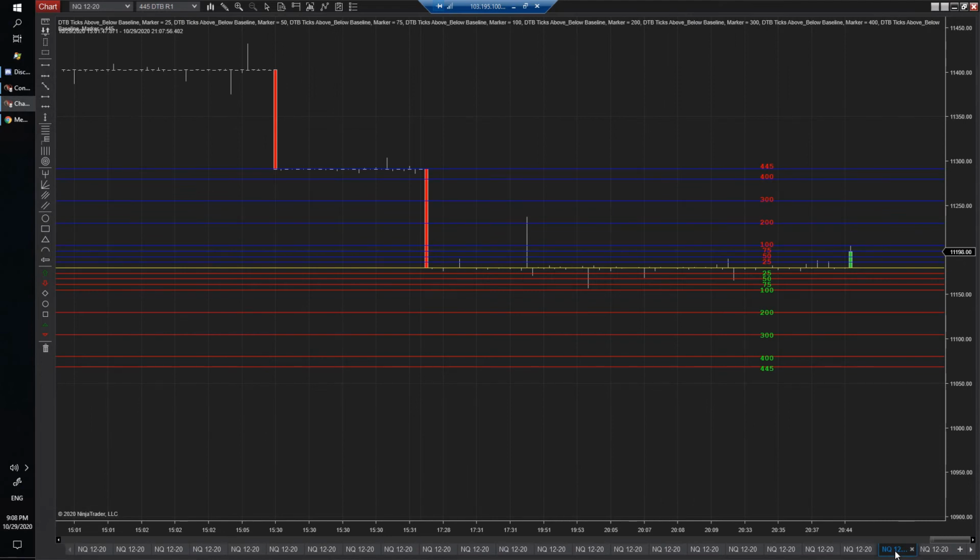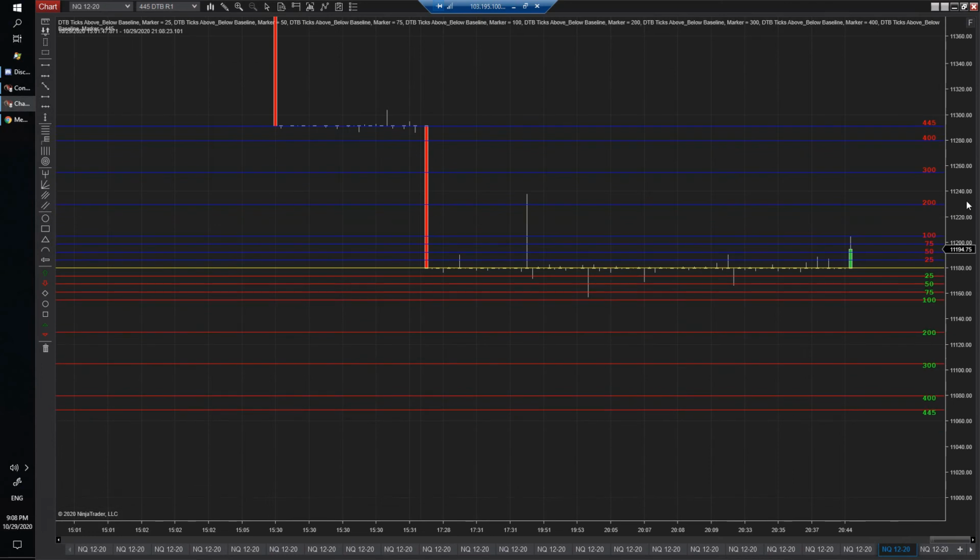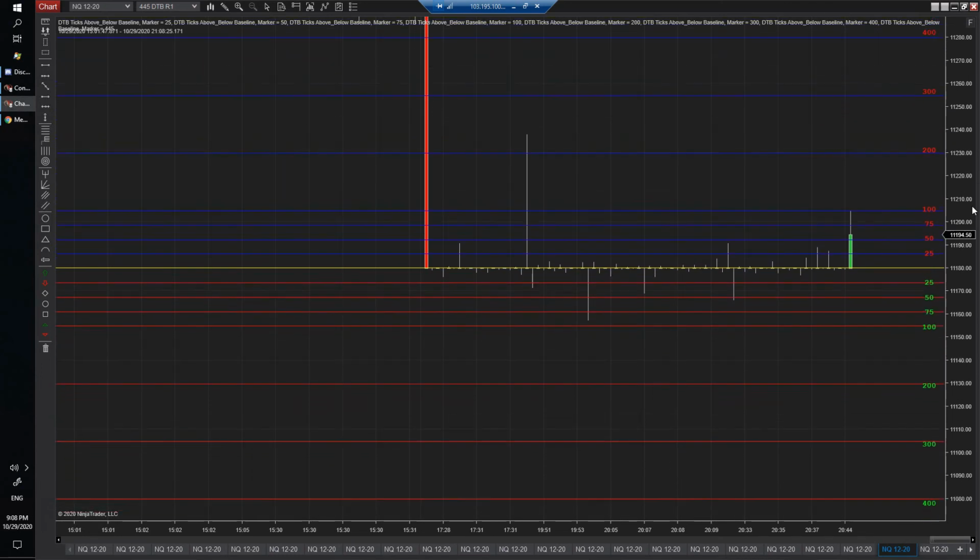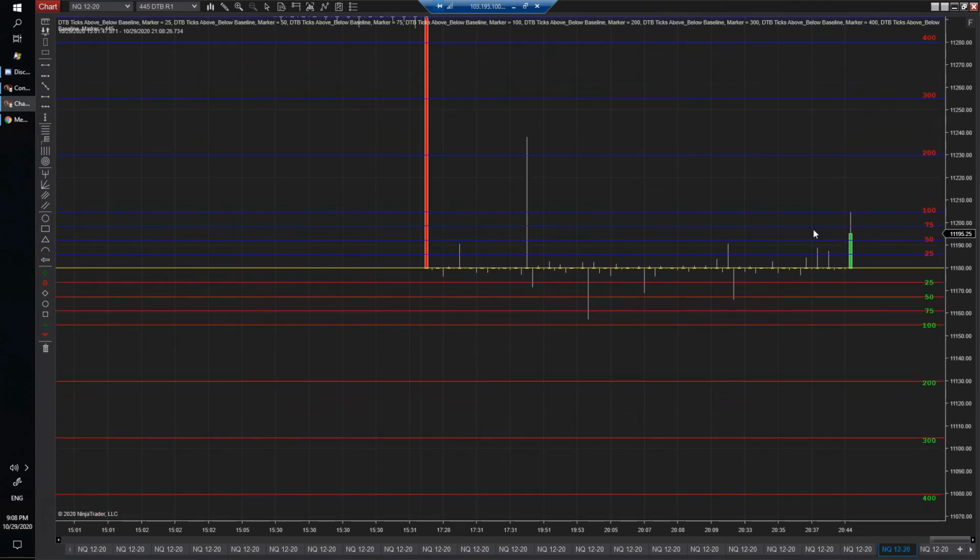Our next indicator works on the flat baseline chart. This indicator is called the ticks above below baseline marker, and what that does is it's customizable lines that you can draw across the chart that give you different levels of where price could be reaching. So this is a 445-1 chart, and if I expand this, it's going to draw a line at 25, 50, 75, 100, or whichever amount that you put in there.